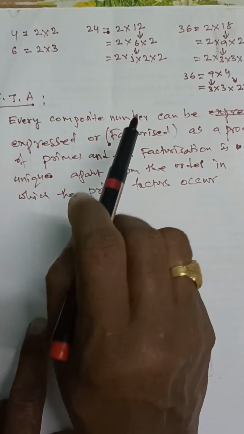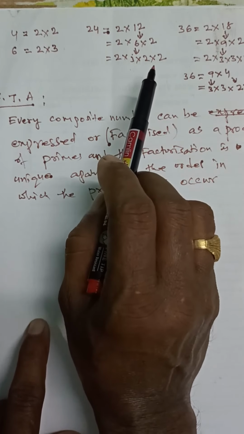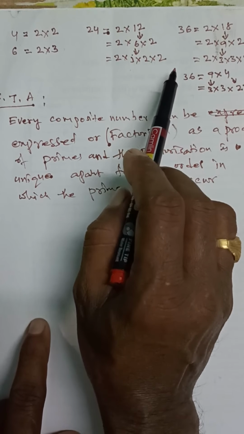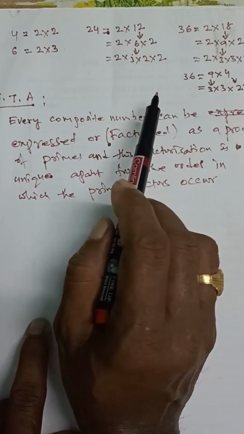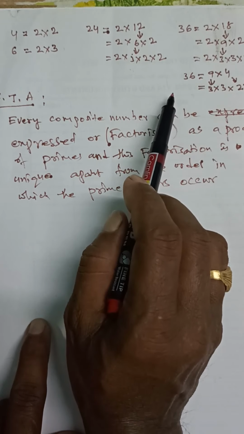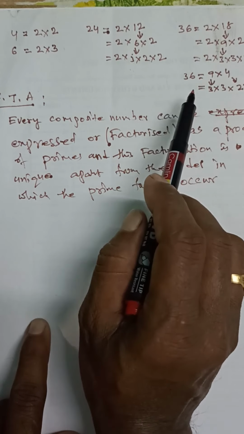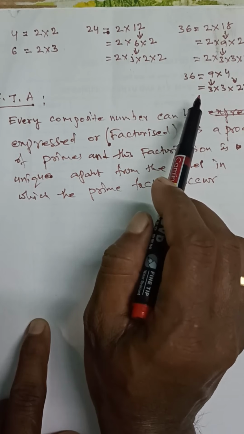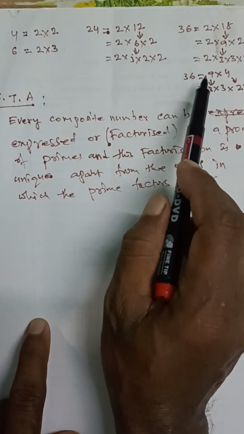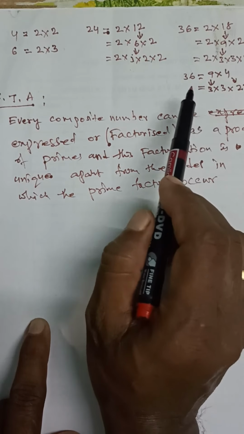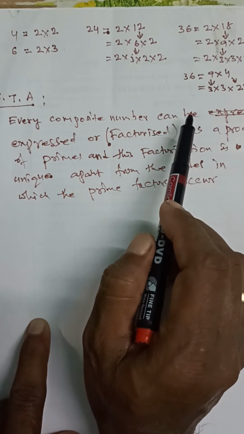That means here 36 is a composite number. We get the factors 2 into 2 into 3 into 3, and also 3 into 3 into 2 into 2. Here the order is changed, but the occurrence of prime factors is unique.